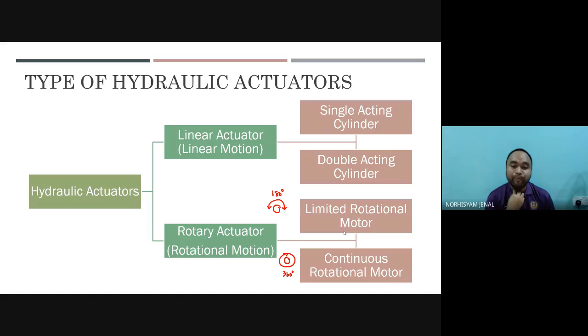Luqman Hakim, are you there? So can you think of an idea of a limited rotational motor? I think you use it every day in your house.